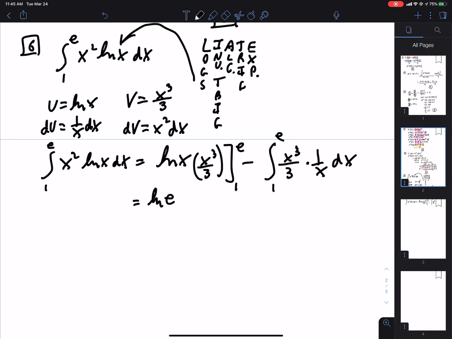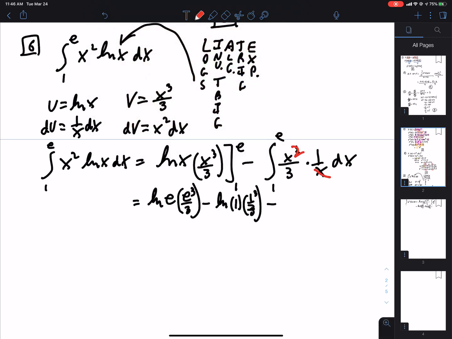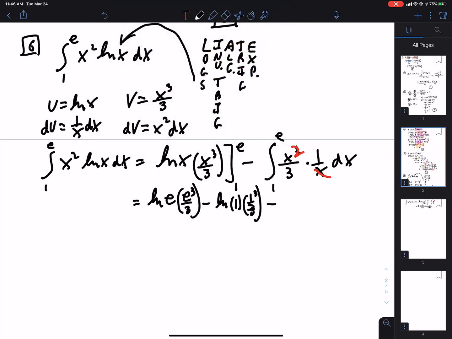It's ln of e cubed over 3 minus ln of 1 cubed over 3 minus. Now this part simplifies, so let me do something with this. That x cancels, leaving an x squared. So we can find the antiderivative of that.